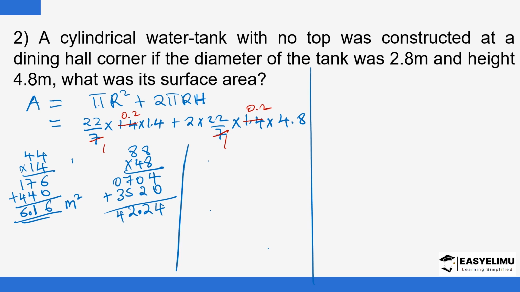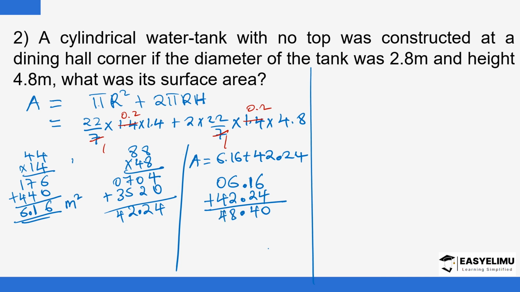So now we have the area, which is 6.16, and then you add 42.24. So what do you get? 06.16 and 42.24. 0 carry 1, 3, 4, 8, 4.